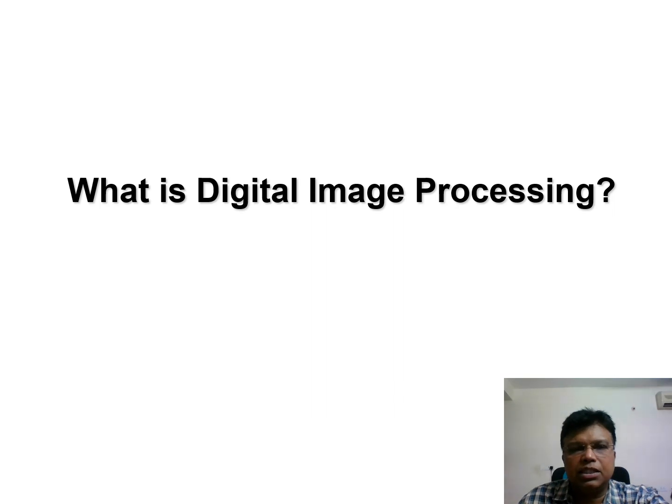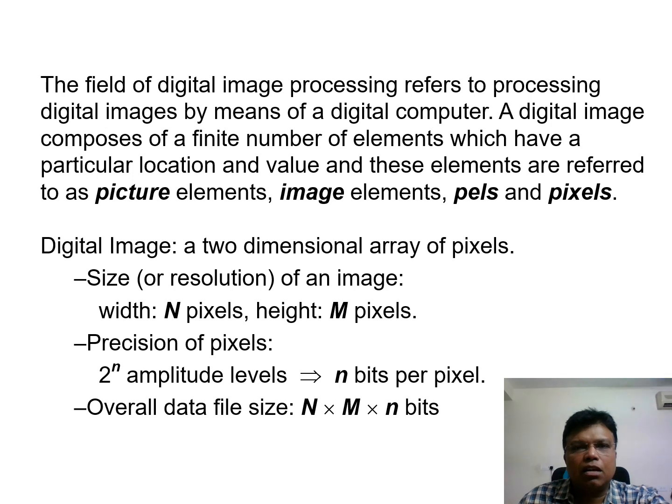So what is digital image processing? The field of digital image processing refers to processing digital images by means of a digital computer. A digital image is composed of a finite number of elements which have a particular location and value, and these elements are referred to as picture elements, image elements and pixels.